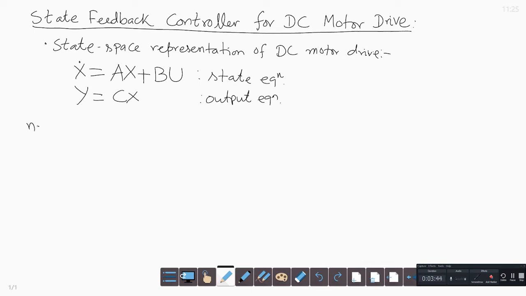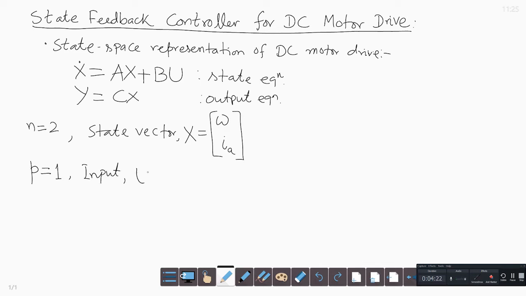So n equals 2 and the state vector x is omega, the angular speed, and Ia, the armature current. Number of inputs is 1, M equals 1 here, not P as I told you now, 1 input.